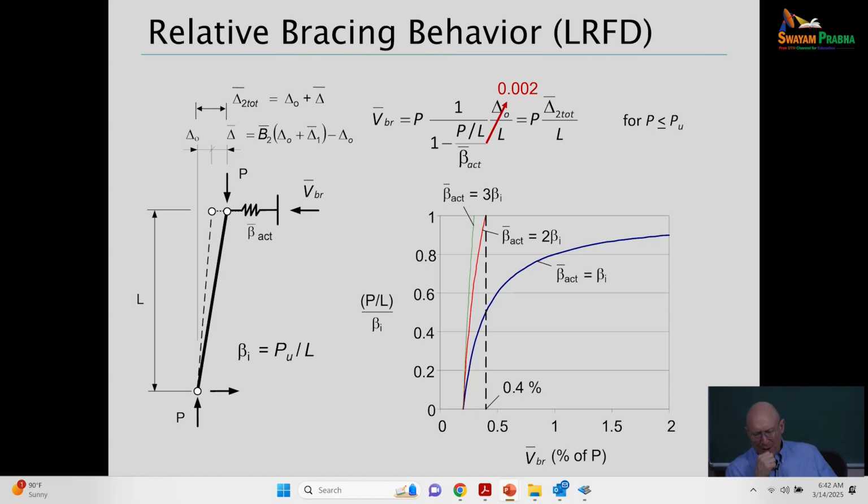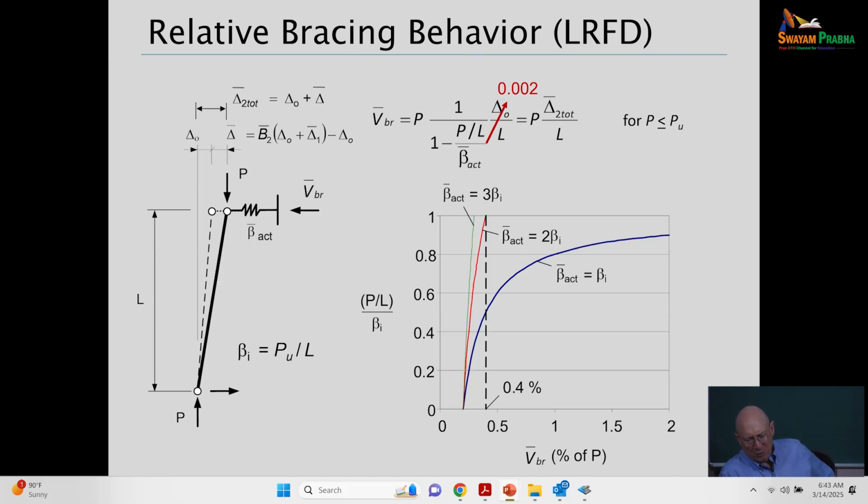The plot here then shows what we get if beta bar actual is 2 times beta I. In this case, as we increase P, it's a nonlinear response, but we end up at 0.4% of P as the bracing strength requirement.